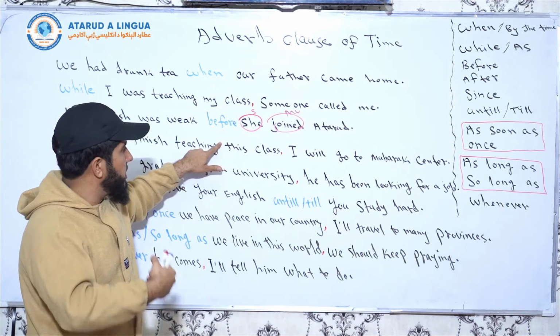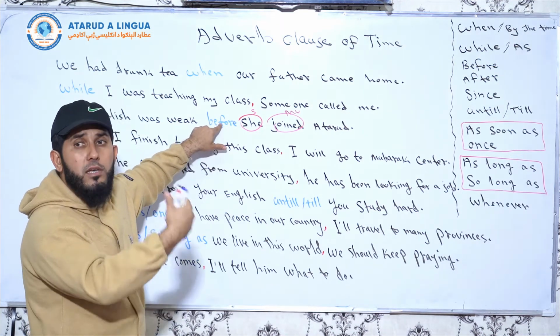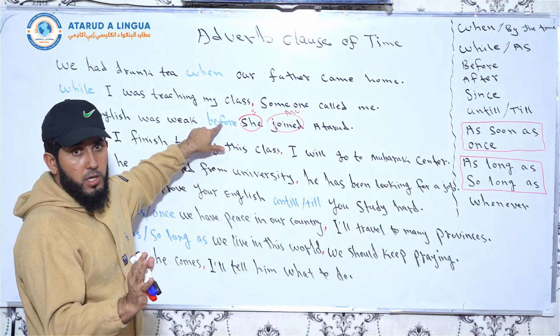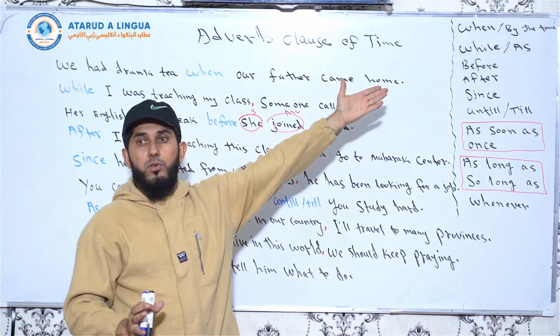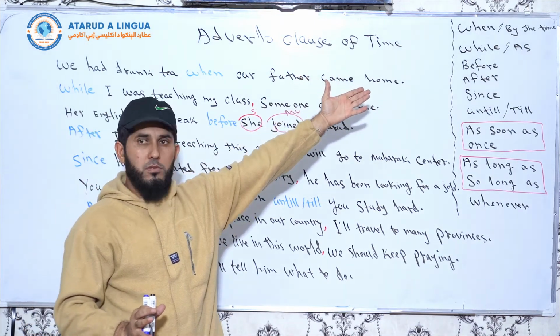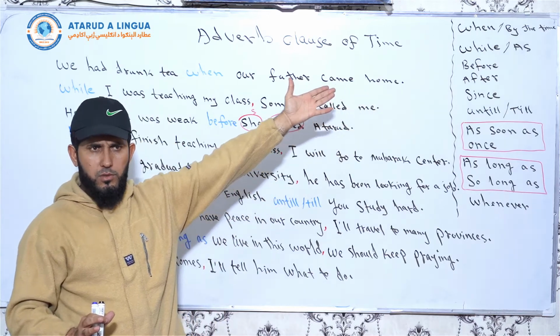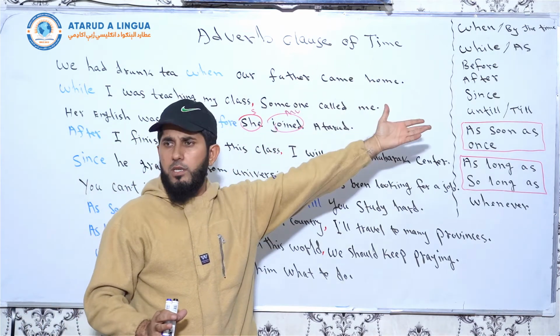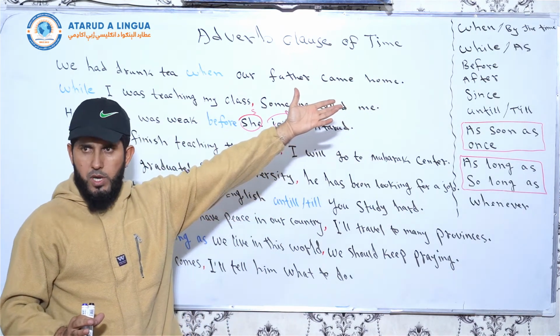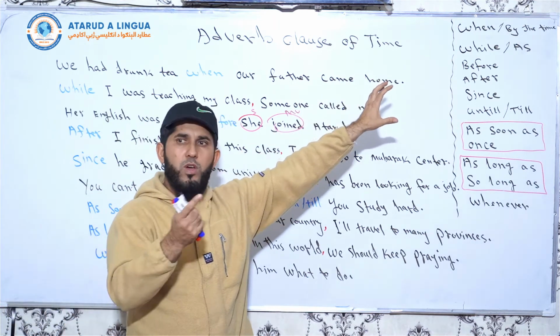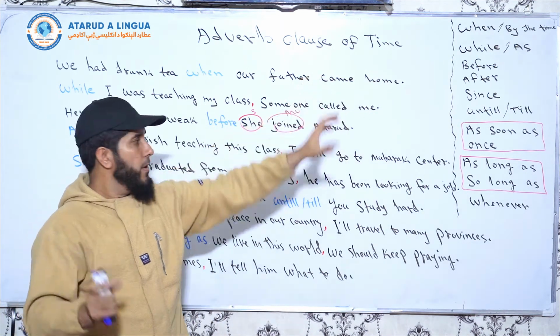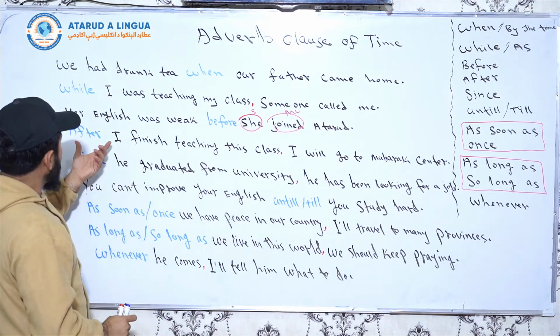It can function as a conjunction and it can function as a preposition. Understood? I mean, when cannot be used as a preposition. Got the point? Okay. By the time cannot be used as a preposition. Okay. So they have only one function. They function as conjunctions.